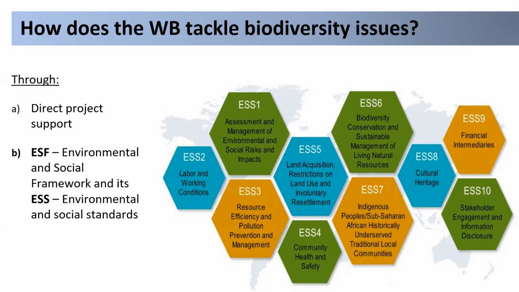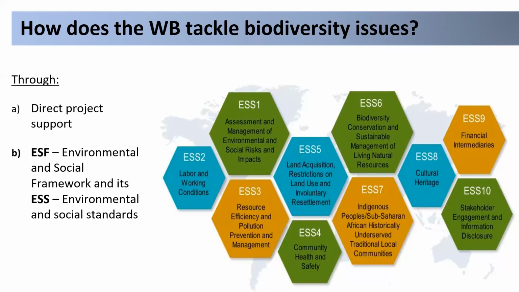But we also very much focus on projects that include spatial planning, because spatial planning might not have a direct impact on biodiversity now, but in time it might have quite a significant impact.